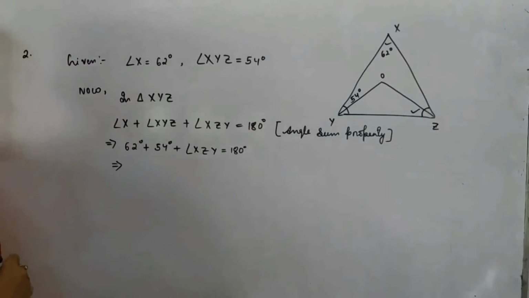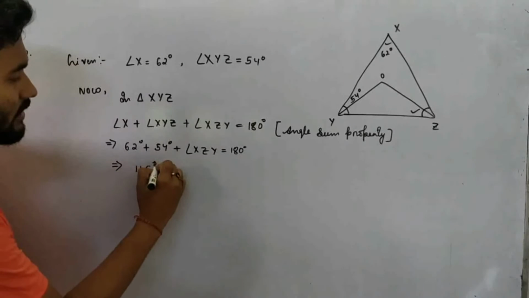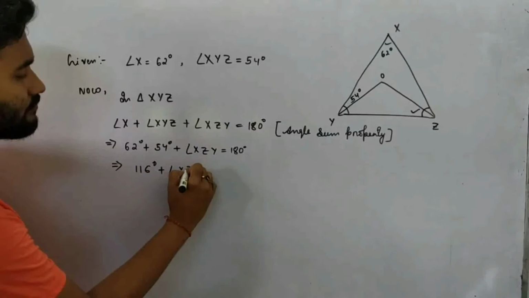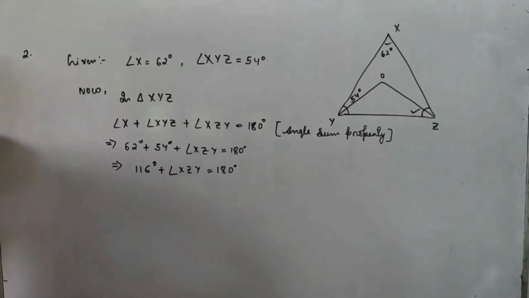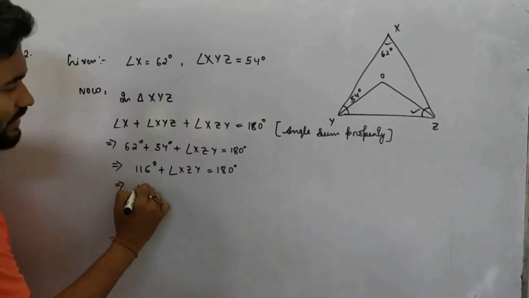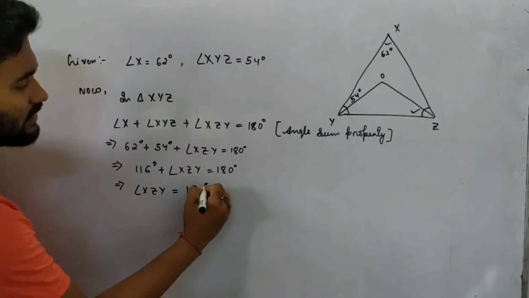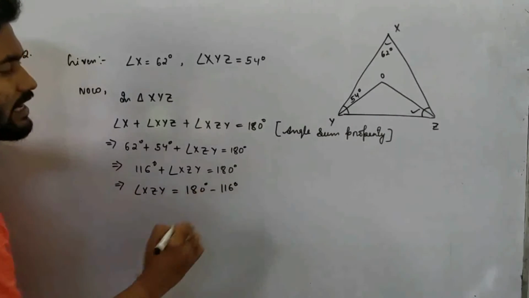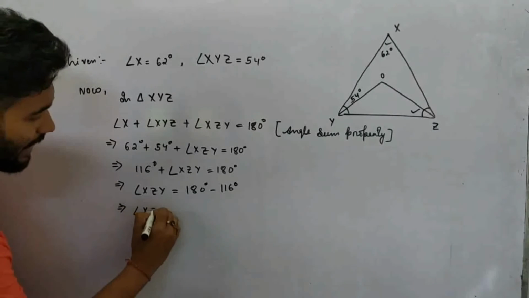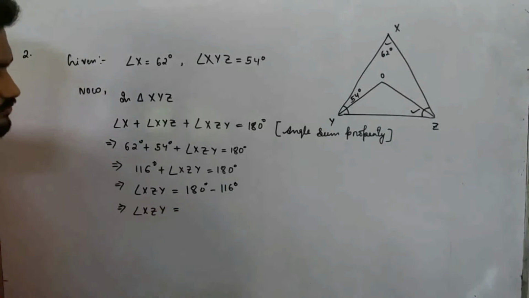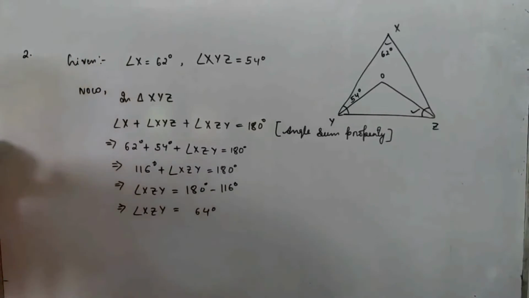So 62 plus 54 is 116 degree, plus angle XZY is equal to 180 degree. So angle XZY plus 116, on the right side will become minus 116. So if you solve, we will get angle XZY is 64 degree.